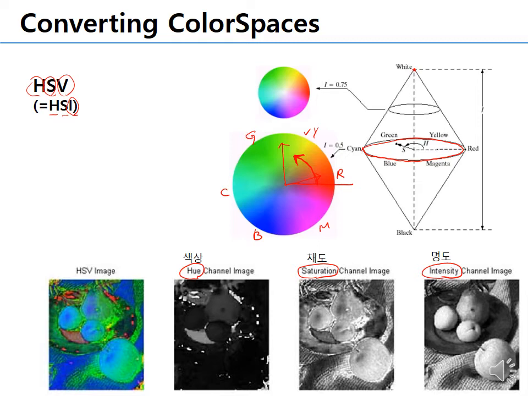And as intensity decreases, the final destination is black. It is a point, there's no area, and it has a zero value. So this is the geometric expression of the HSV color space.